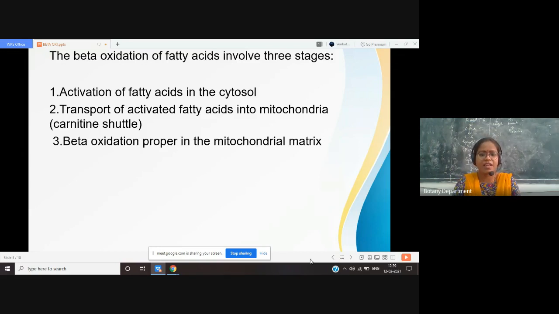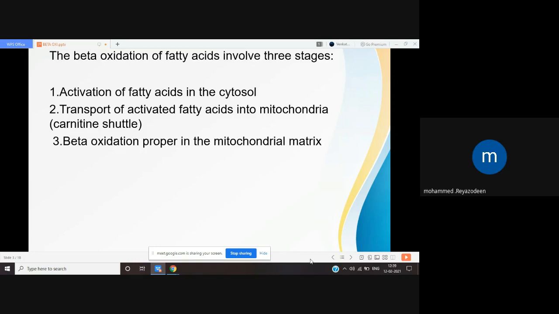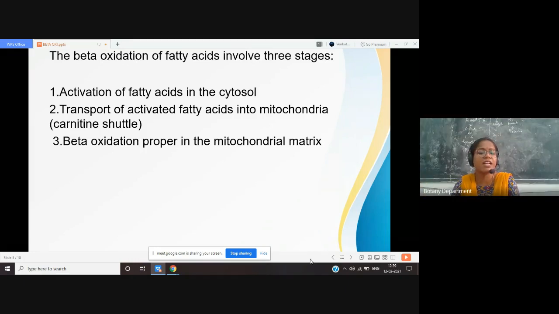Then they will enter into the mitochondria, and the mitochondria will have the mitochondrial matrix. In that mitochondrial matrix, the third step, that is beta oxidation proper, will happen.